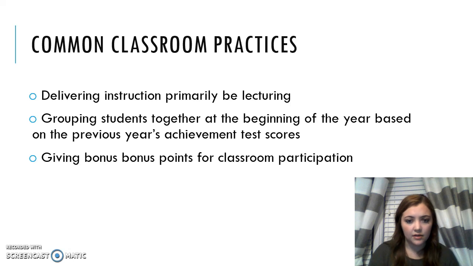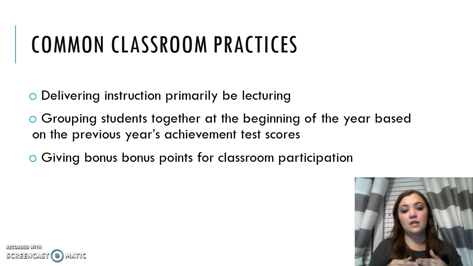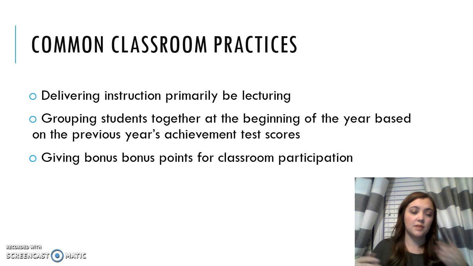Grouping students together at the beginning of the year based on the previous year's achievement test scores. That's not very safe because over the summer, they can either lose what they learned the last year, or they may have advanced because they got tutoring or whatever the case may be.